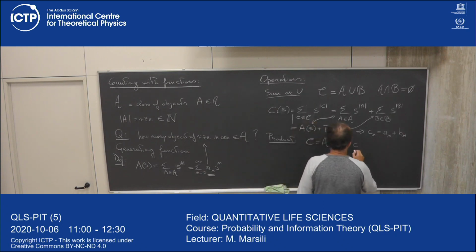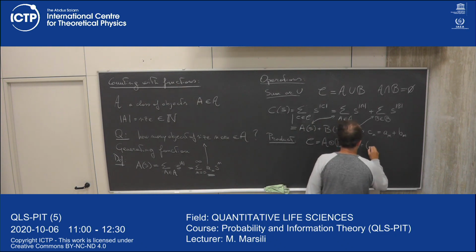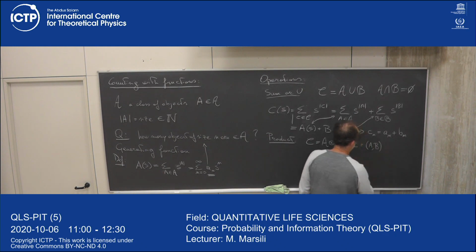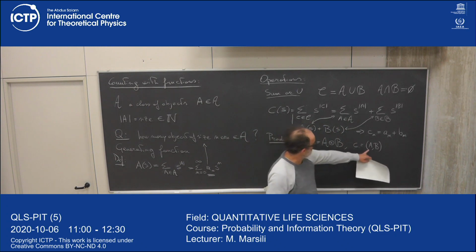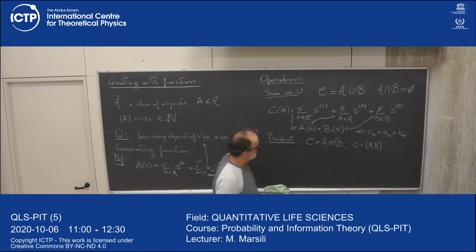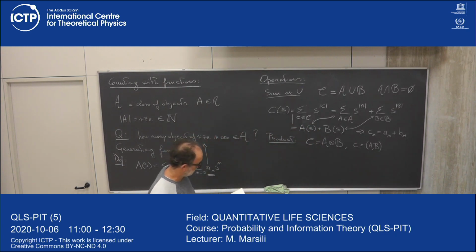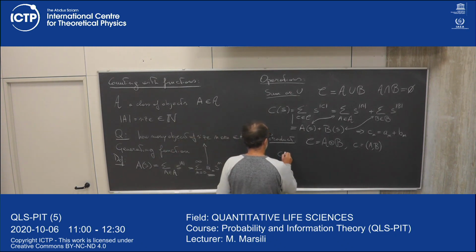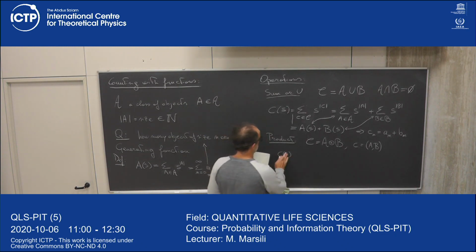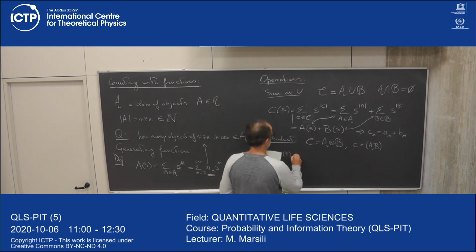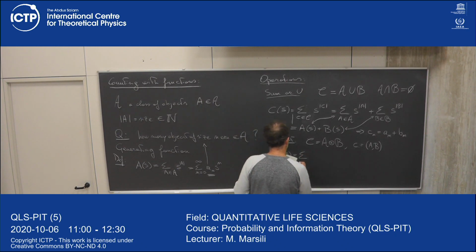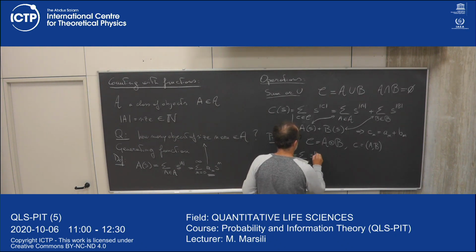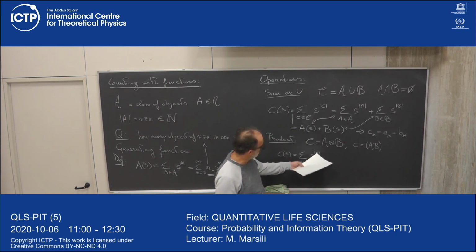Each object in C is a pair of an object a in A and an object b in B. Then if I compute the generating function of C, this is the sum over all objects in C of s to the power of the size of c.